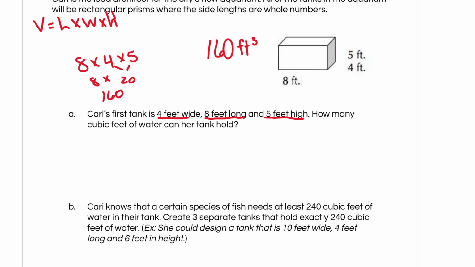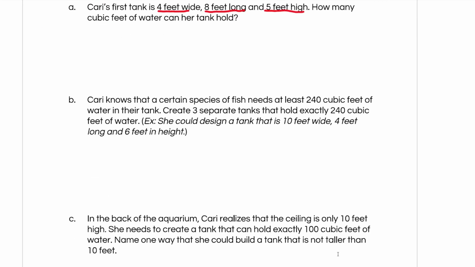Okay, so could we go ahead and peek down at B? Okay. B. Okay, Carly knows that... No, it's not Carly. I'm sorry, Carrie. Yeah, there's no L in there. It's Carrie. Carrie knows that a certain species of fish needs at least 240 cubic feet of water in their tank.